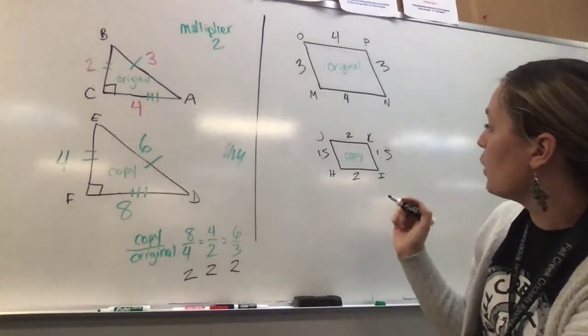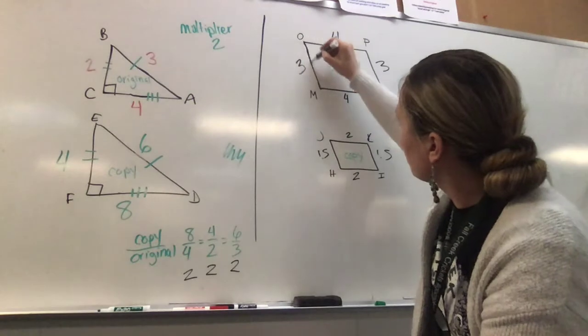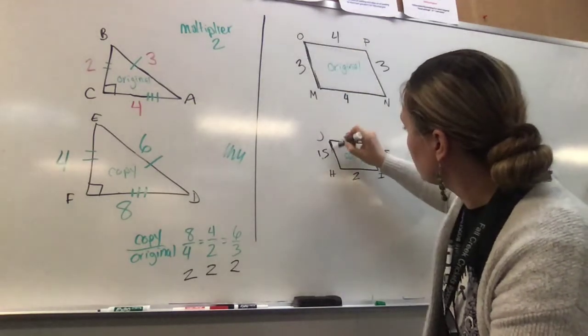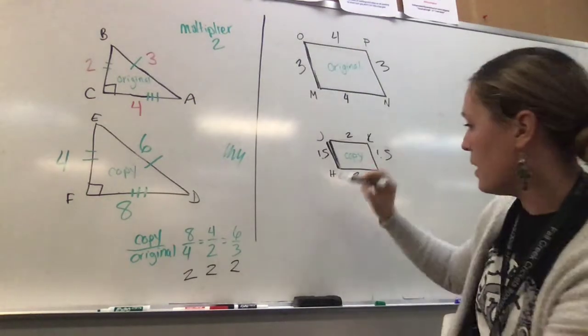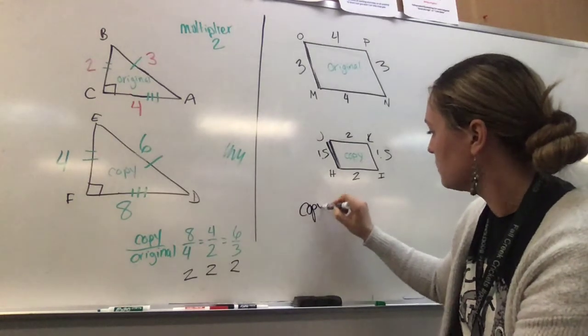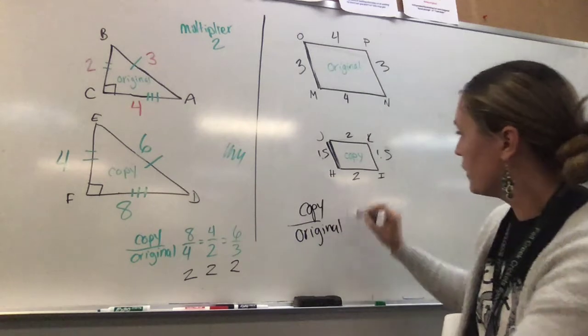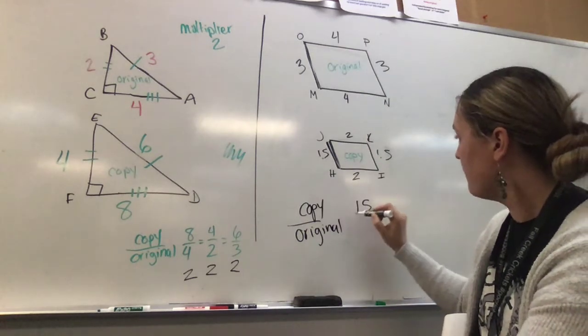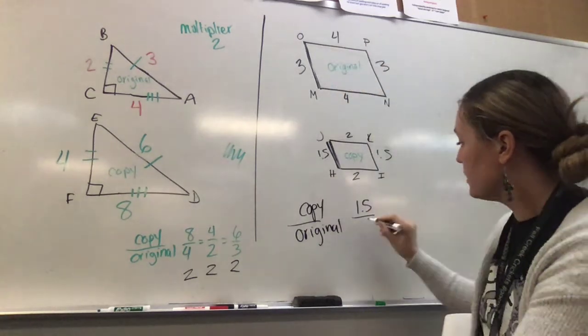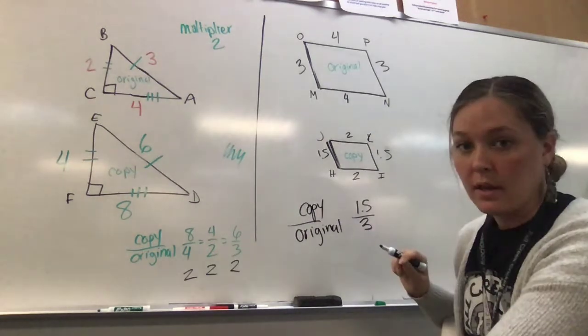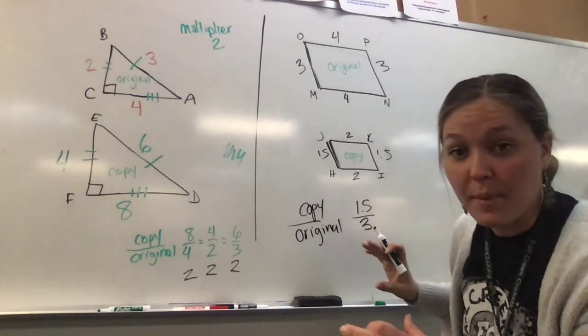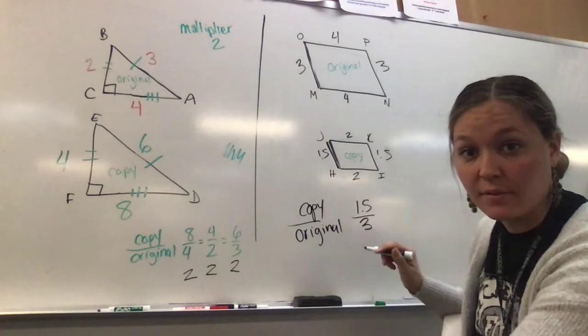So let's find some. This side length corresponds with this side length. And again, copy over original. So here's my copy, 1.5, and my original is 3. Now you might not know right off the bat, but this is actually half.